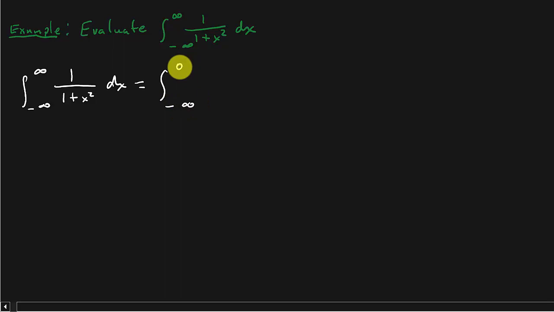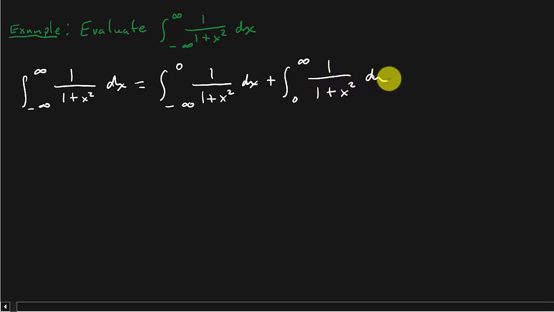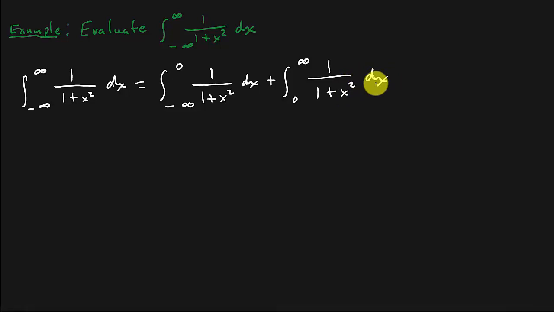If you wanted to, you could split it up at 1, but why? Usually 0 is the easiest. So that's the integral of 1 over 1 plus x squared dx from negative infinity to 0, plus the integral from 0 to infinity of 1 over 1 plus x squared dx. All right, so we need to evaluate these two.